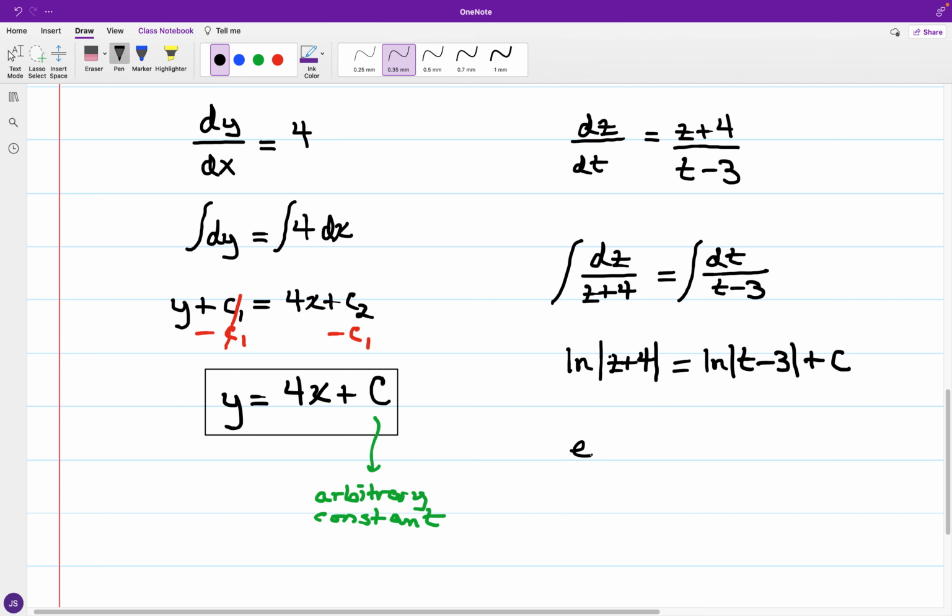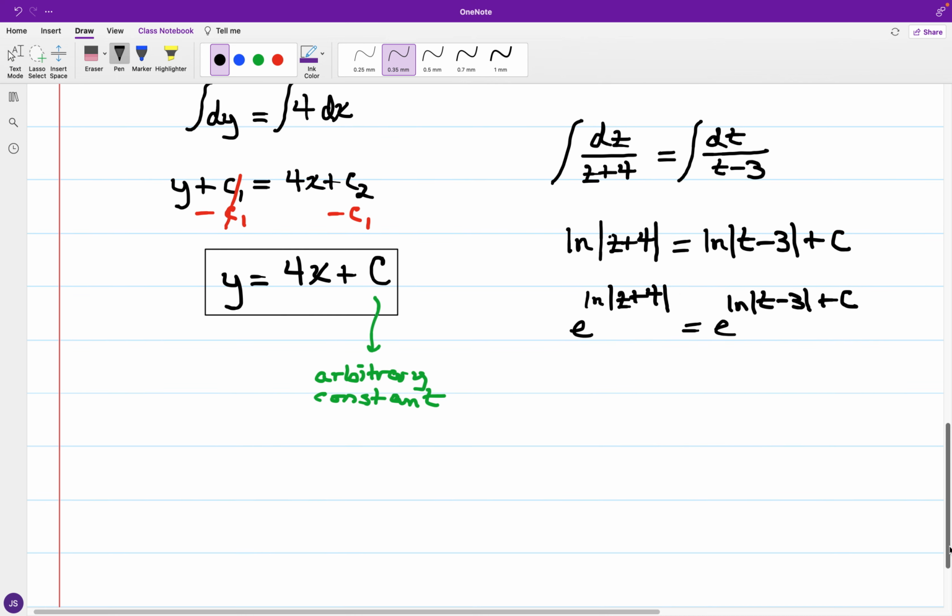So we have e to the natural logarithm of the absolute value of z plus 4 equals e to the natural logarithm of the absolute value of t minus 3 followed by the addition of c.